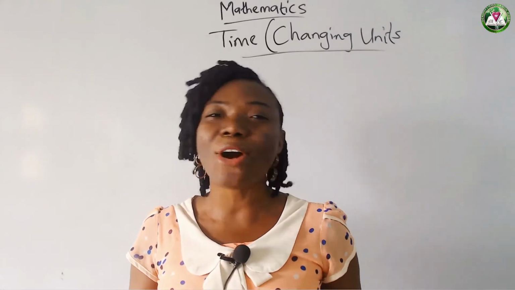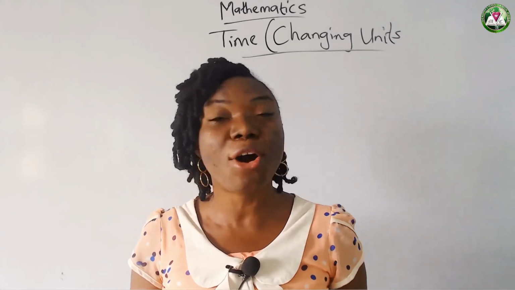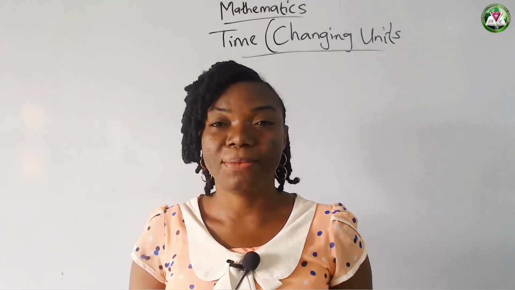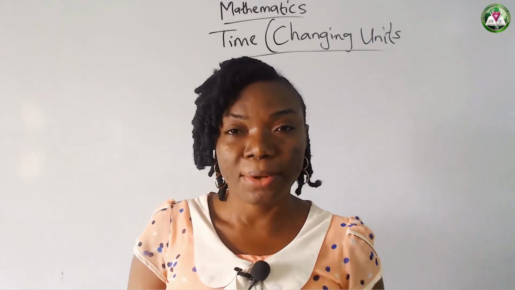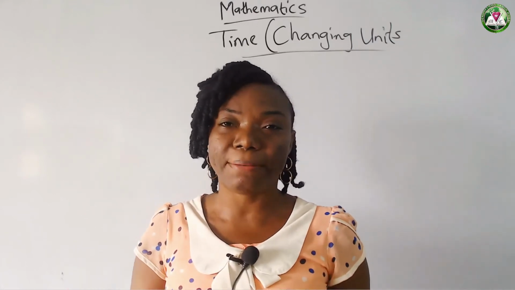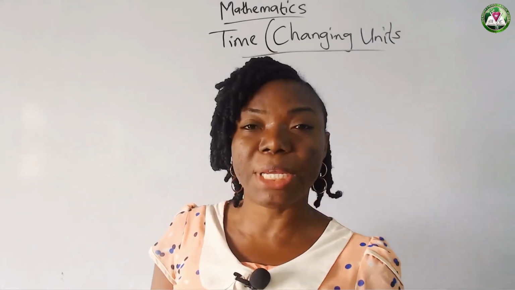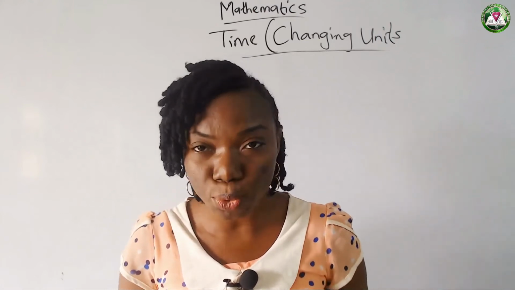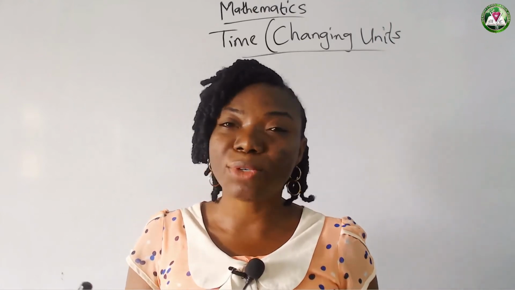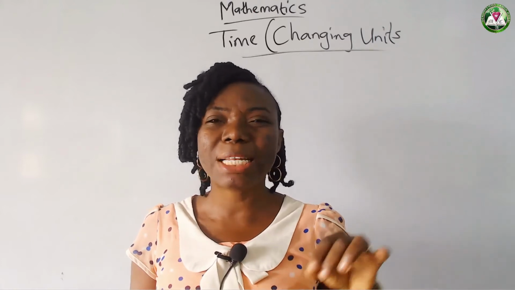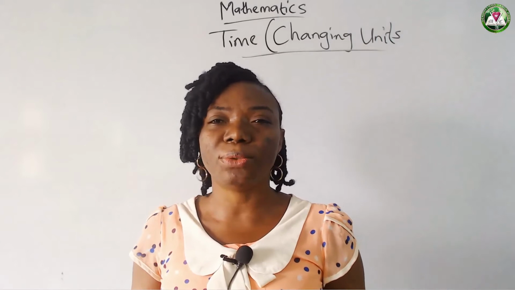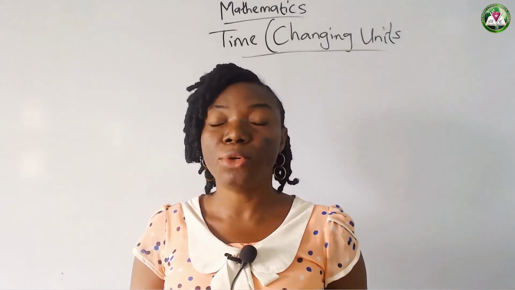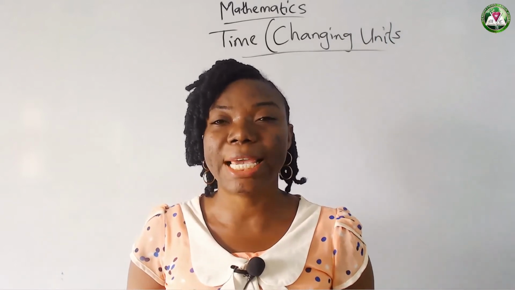Now you can see all these things I've talked about, they are all time. Do you understand? Now, when we talk about time, the hours between midnight, 12 o'clock in the night, and noon, once it is 12 noon, we call it AM.